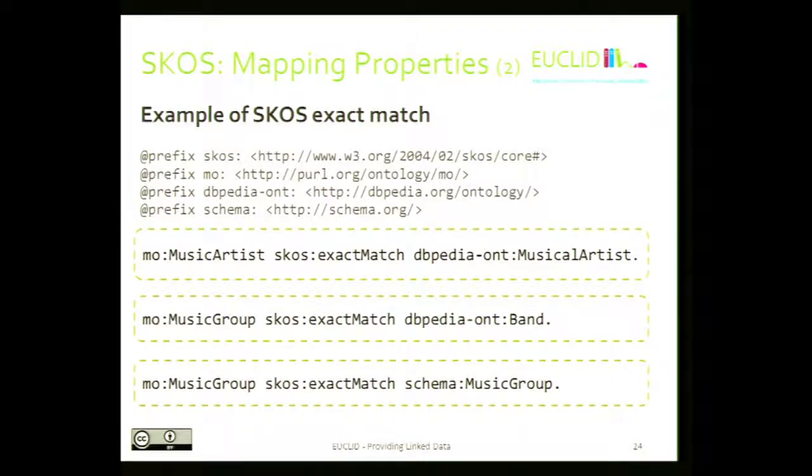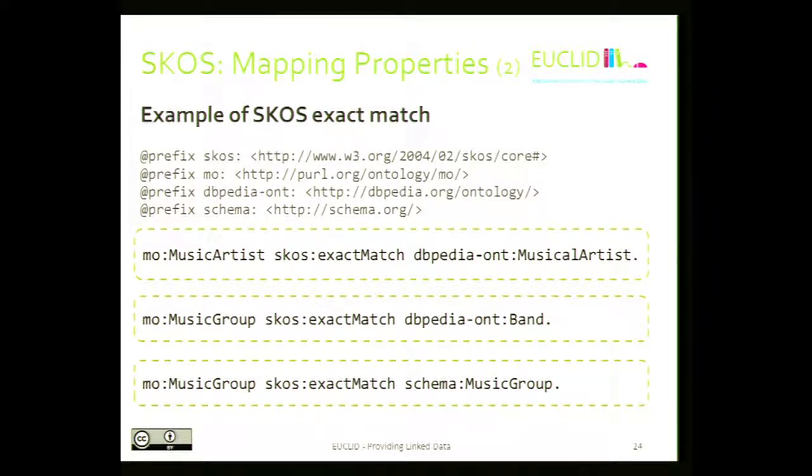So here's an exact match we might want to carry out. Okay? We have the ontology for music, the music ontology in other words, and we have the ontology for DBpedia. And they define classes which are more or less interchangeable.